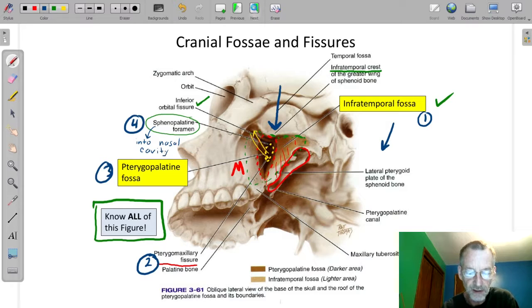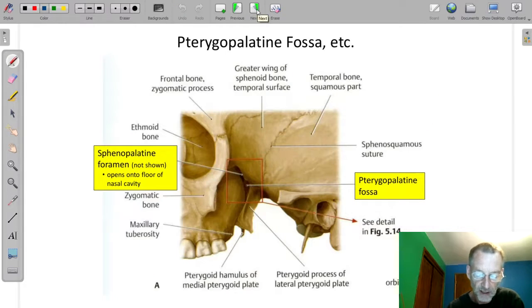Okay, is there another slide here? Yes. So here's a different image. This one is not out of your textbook, but it's showing basically the same thing. So again, here is the maxilla and the zygoma and the sphenoid bone and the temporal bone, just to get you oriented.